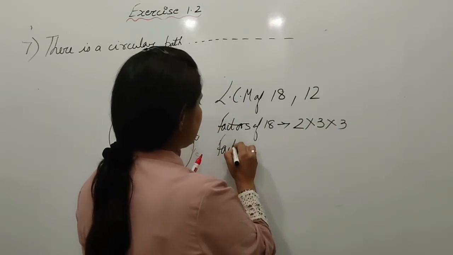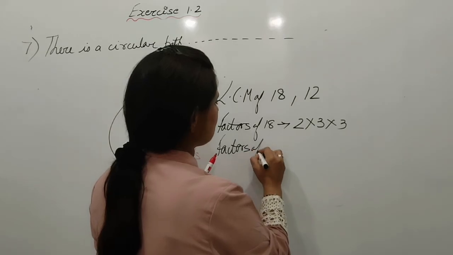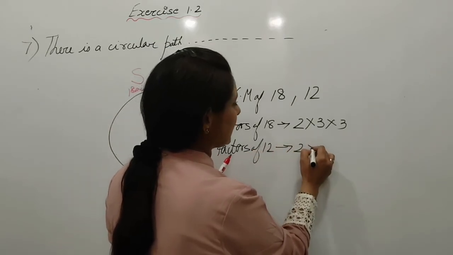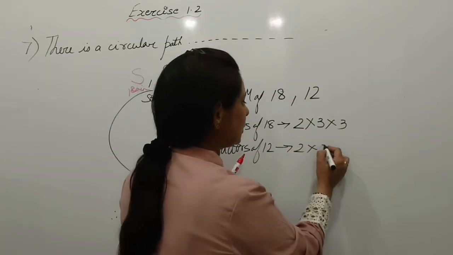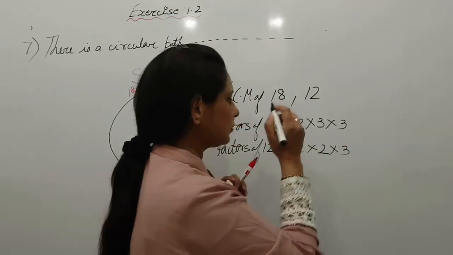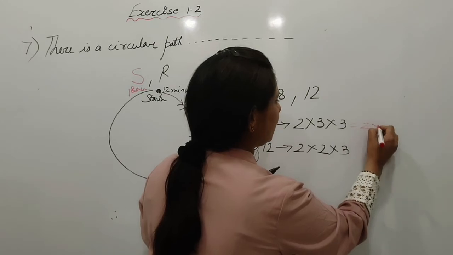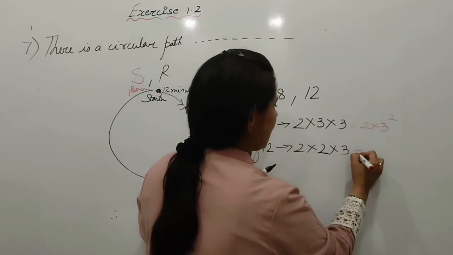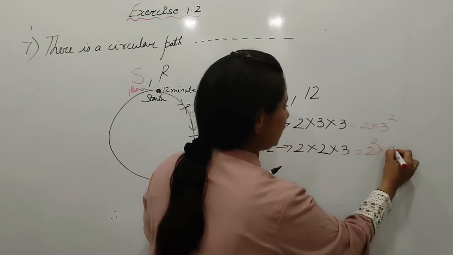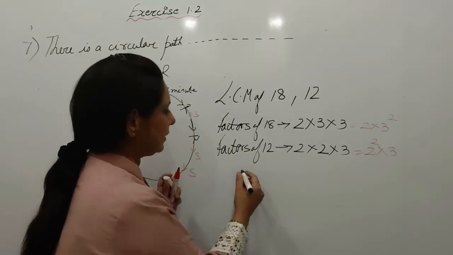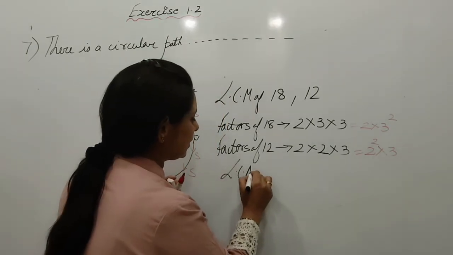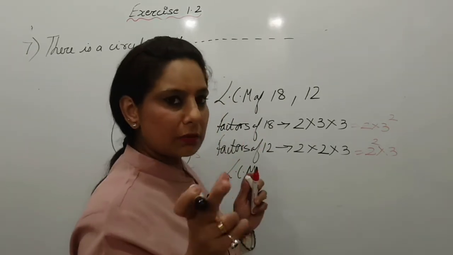Now we will write the factors of 12. Factors of 12 will be 2 into 2 into 3. So this gives you 2 into 3 square and this gives you 2 square into 3. So as मैंने बात की थी पहले, LCM is least common multiple.